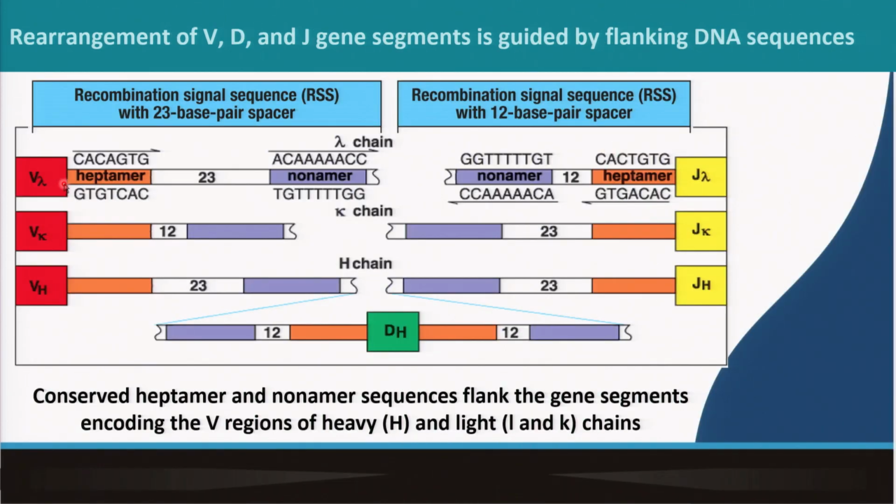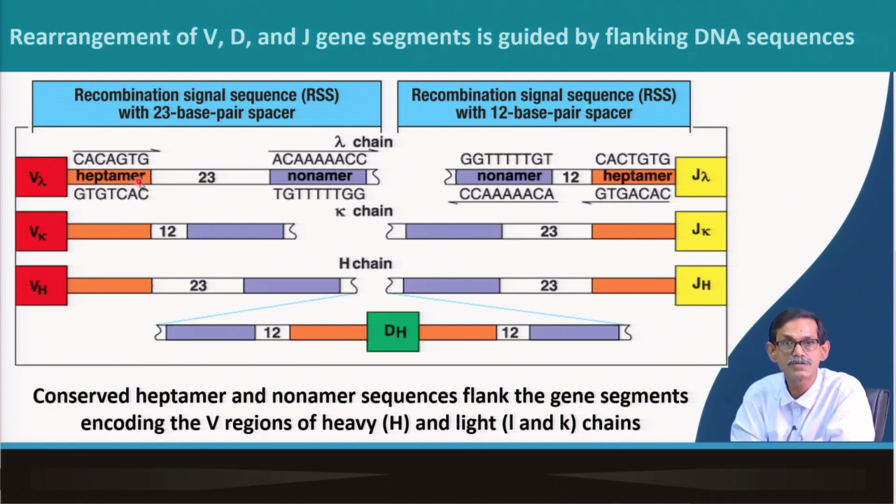So, the V lambda, immediately the flanking sequence in the 3' end, if you see carefully, there is a heptamer. Heptamer means CACAGTG. Okay. This is a fixed sequence, this is heptamer, and after that there is 23 nucleotides.